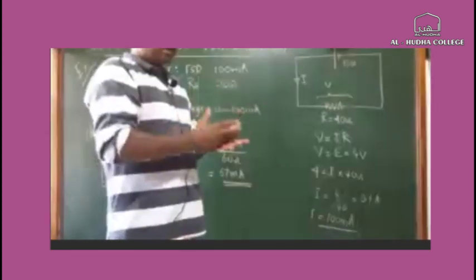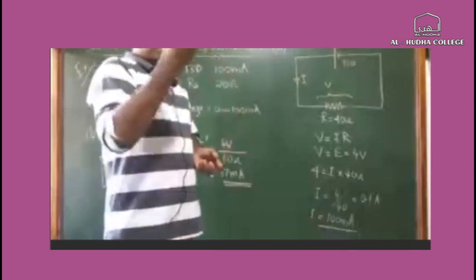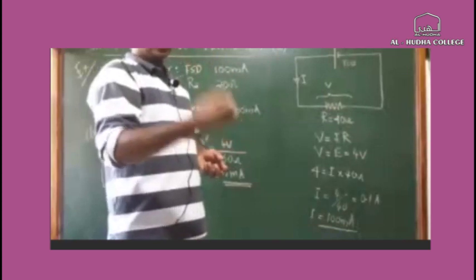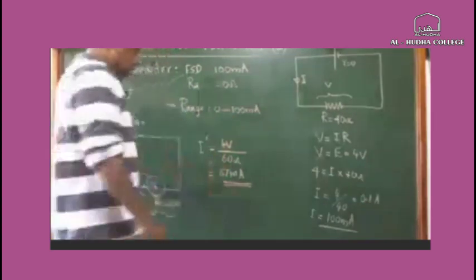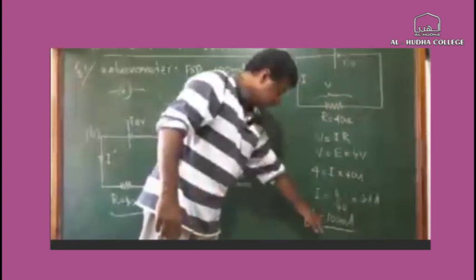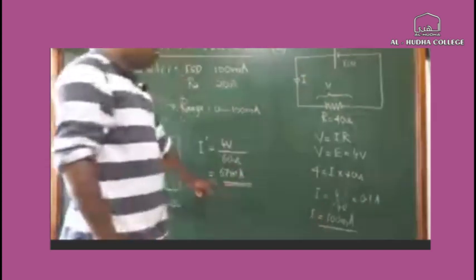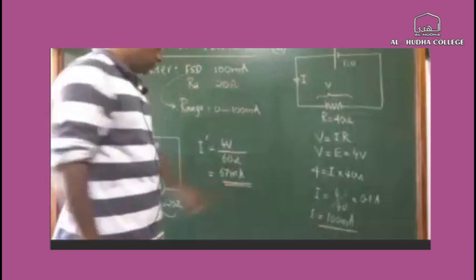So the tendency is that if we can make the galvanometer resistance as small as possible, we can reduce the error. Now we'll calculate the error. We wanted to reach the calculated value of 100 milliamps, but we measured 67 milliamps. So what is the error here?